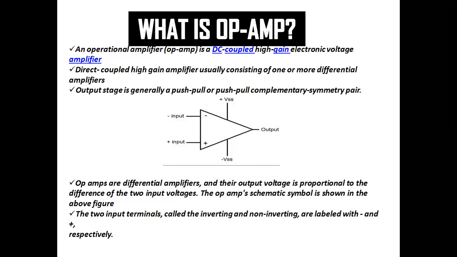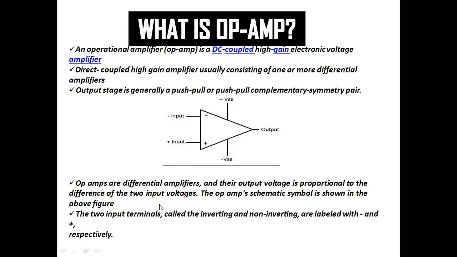Here the output stage is also a push-pull complementary symmetry pair. The op-amp is a differential amplifier, and its output voltage will be proportional to the difference between the input voltages. The schematic symbol is shown in the above diagram.